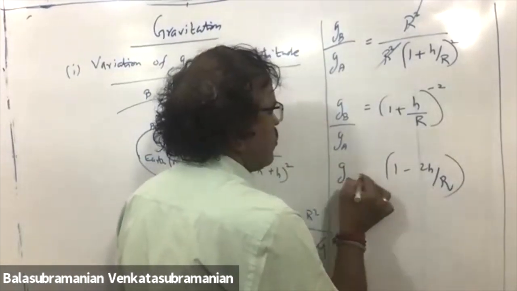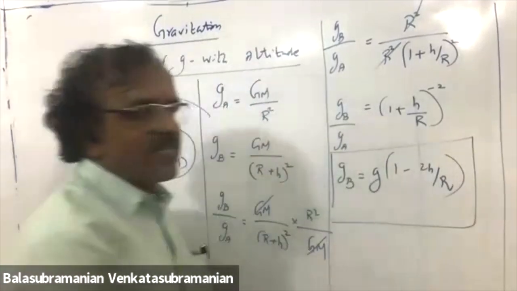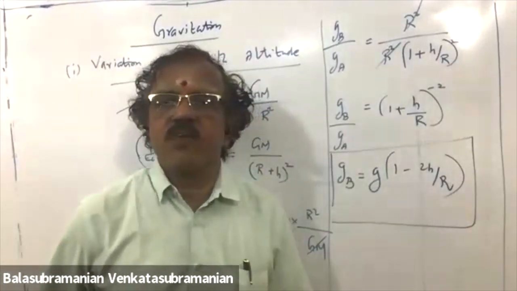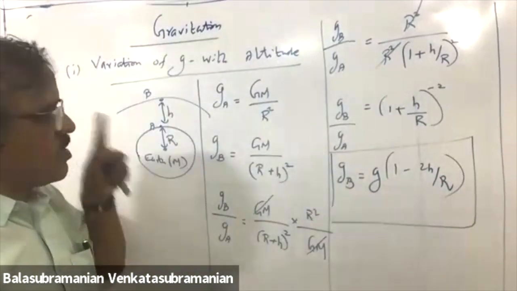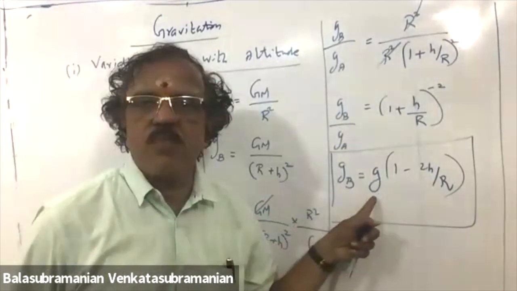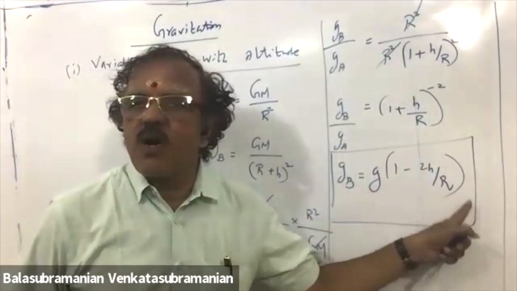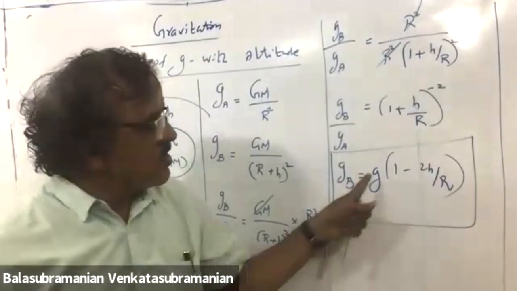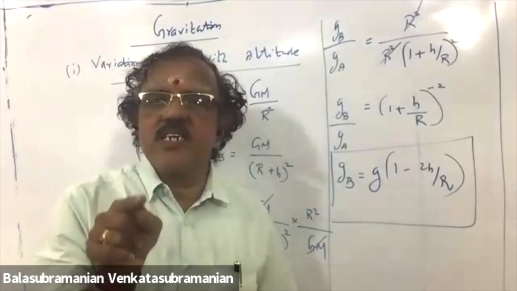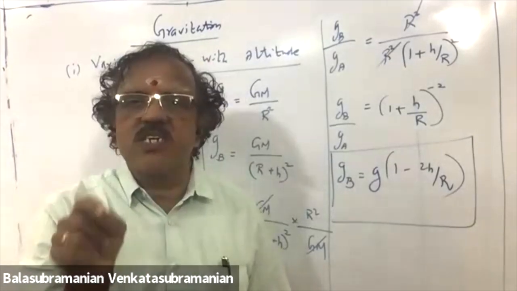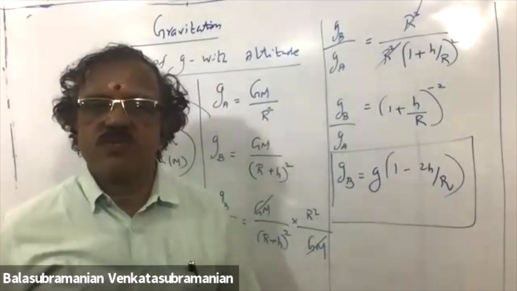gB is equal to gA. What is gA? That's nothing but g, the normal acceleration due to gravity. So gB at a height h is given by the formula g into 1 minus 2h by R. So g minus some value, that means acceleration due to gravity decreases when you go away from the earth surface.